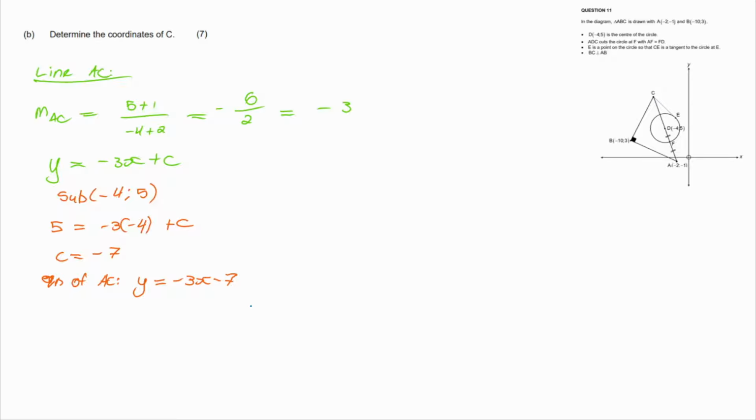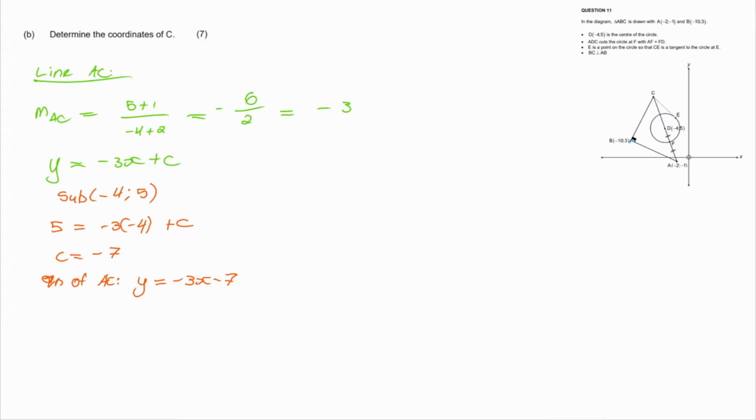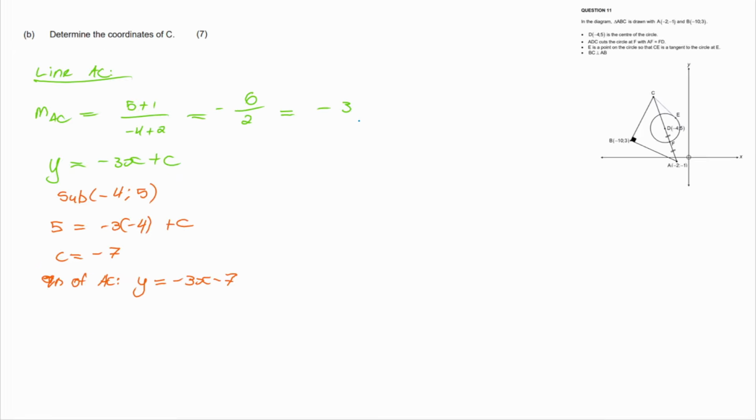Now we have that. Let me go to a new slide. We need the equation of line, so not even the equation, we just need the gradient of line AB. So the gradient of AB is just going to be -1 minus 3 over -2 plus 10.